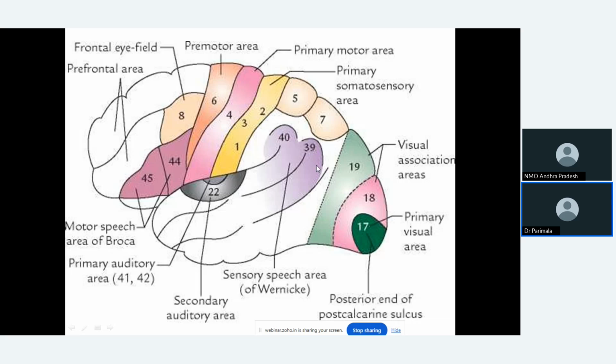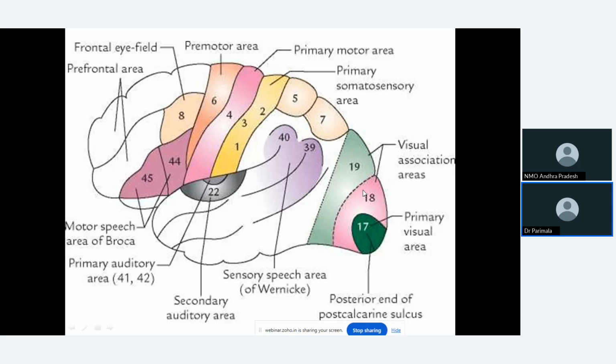Then about the occipital lobe, around the postcalcarine sulcus, the posterior part or the last part, that means the visual cortex is also seen on the medial surface. It is surrounded by the primary visual area, that means perception of vision. That's all. You are able to see.